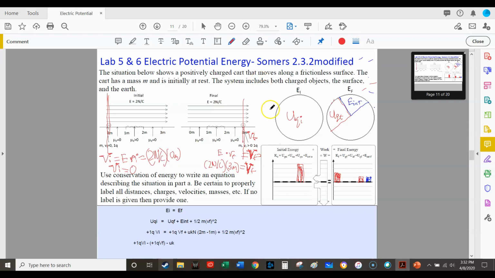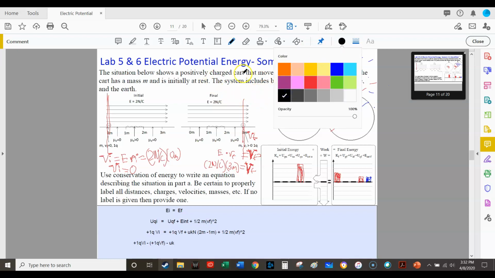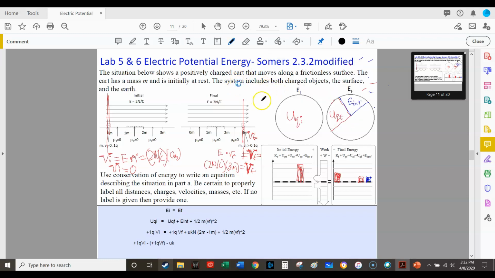And the normal force in this case, since it's on horizontal ground, let's just draw a quick force diagram here. We have our little charge that has a mass on the ground. It's got a normal force up. It's got mass times gravity down. So since it's not accelerating or moving in the y direction, then the normal force is going to be equal to the weight of the object, which is just going to be mg.